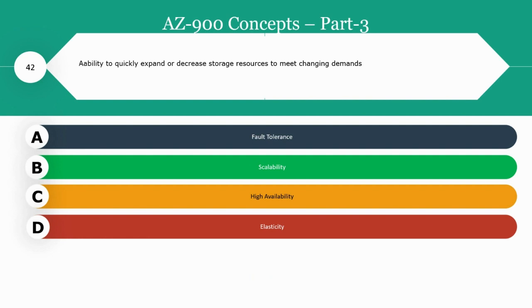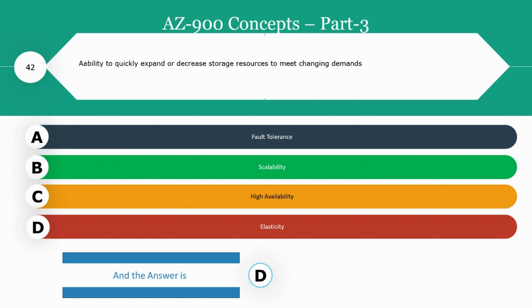High availability is something to do with the availability of the resources 24 by 7, 365 days in a year. So these two are not the options. So between scalability and elasticity, the right answer would be option D.